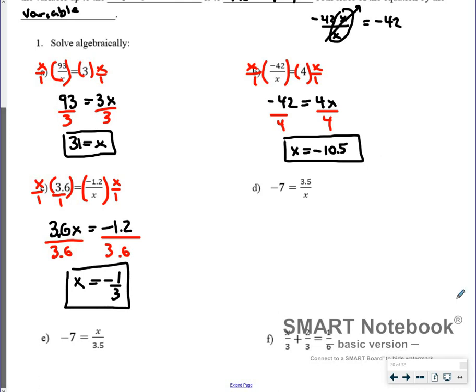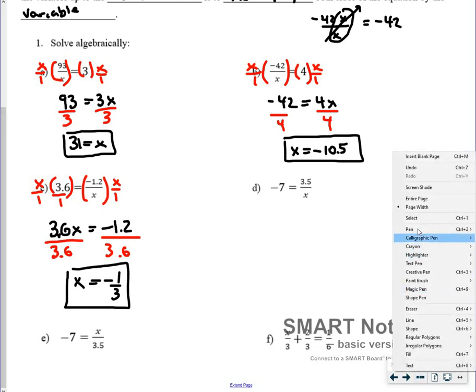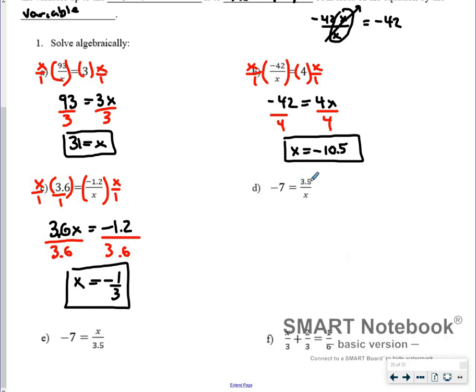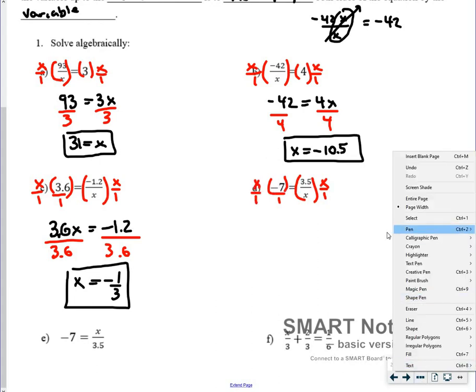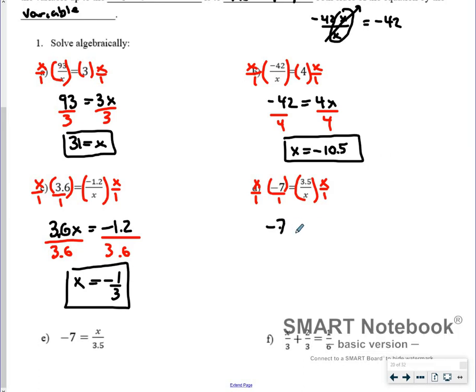Okay, on to D. Very similar. Get the variable upstairs, or into the numerator, so multiply both sides by x over 1. On the left, we get negative 7x, and on the right, we just have 3.5 remaining.